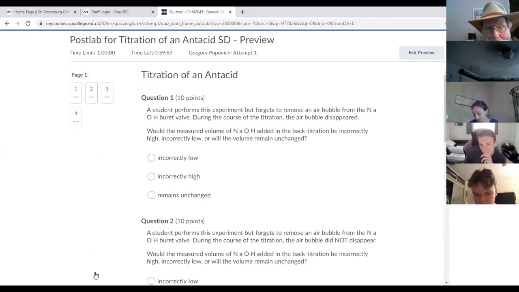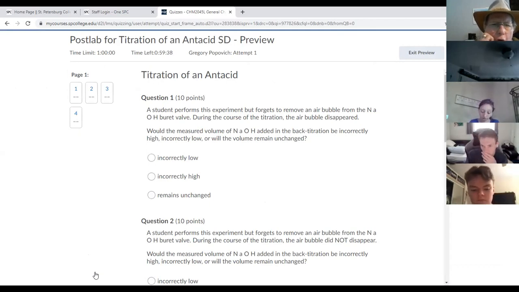Okay. A student performs this experiment but forgets to remove an air bubble from the NaOH burette. During the course of the titration, the air bubble disappeared.